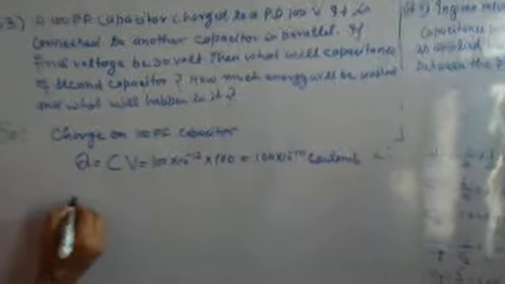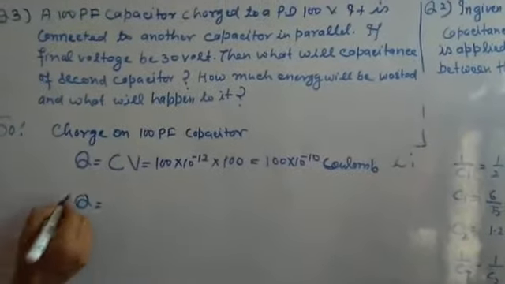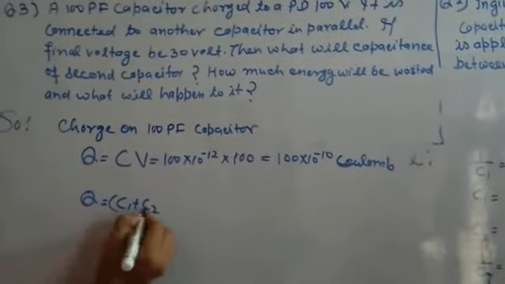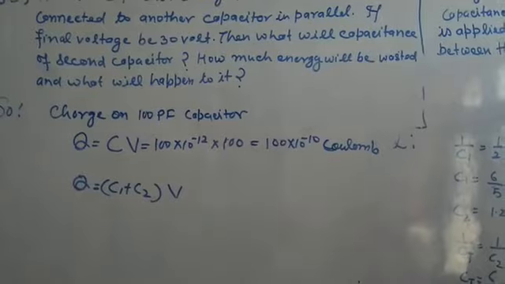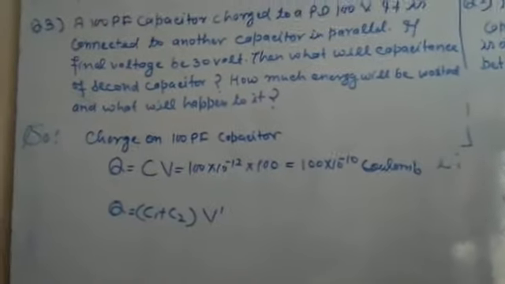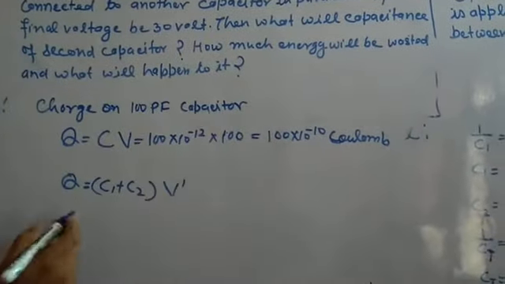Now, because they are connected, the total charge remains constant. Q equals C1 plus C2 into V dash. Q remains constant, potential may change, potential reduced to 30.